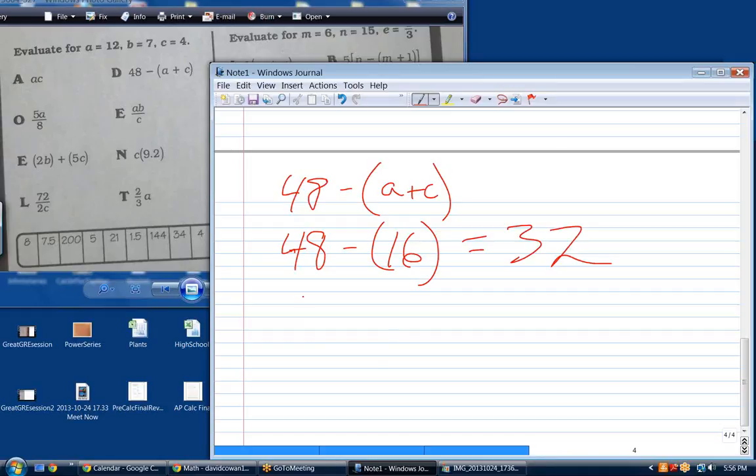When I do this problem, if I notice that this number is bigger than this number, then I do the problem left to right in my head. I take 4 minus 1, that's 30. 8 minus 6 is 2.